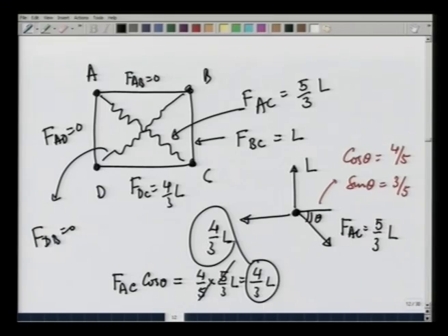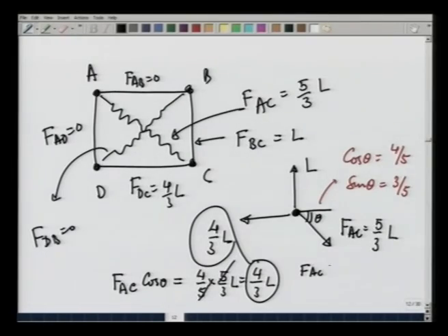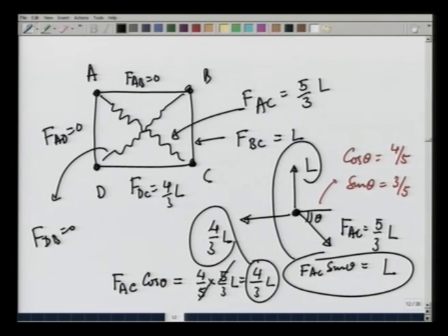So, horizontal forces are 0 and F_AC sin theta comes out to be 3/5 times 5/3 L, which is L, and this force is going to balance out this particular force, and therefore, point A is in equilibrium and we have solved the problem correctly.